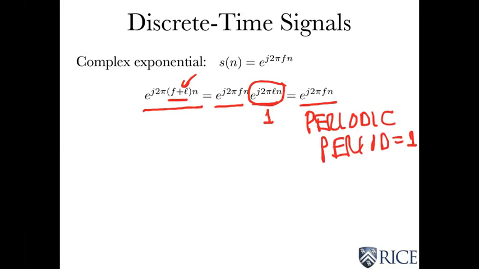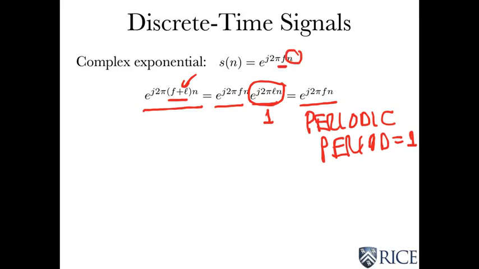That's very important. Every function of frequency that we're going to talk about has to be periodic with period 1 because of the dimensionless nature of f and the fact that n is an integer.